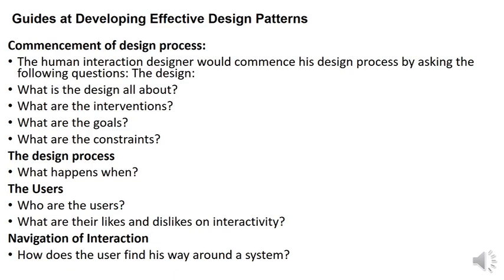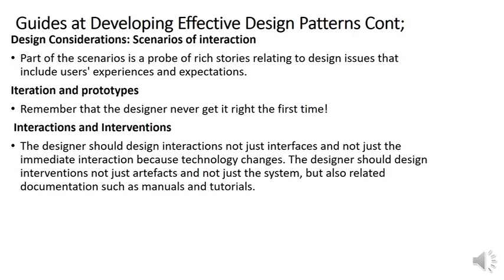Navigation of interaction: how does the user find their way around a system? Design consideration: scenario of interactions. Part of the scenario is a probe of rich stories related to design issues that include user experience and expectations.